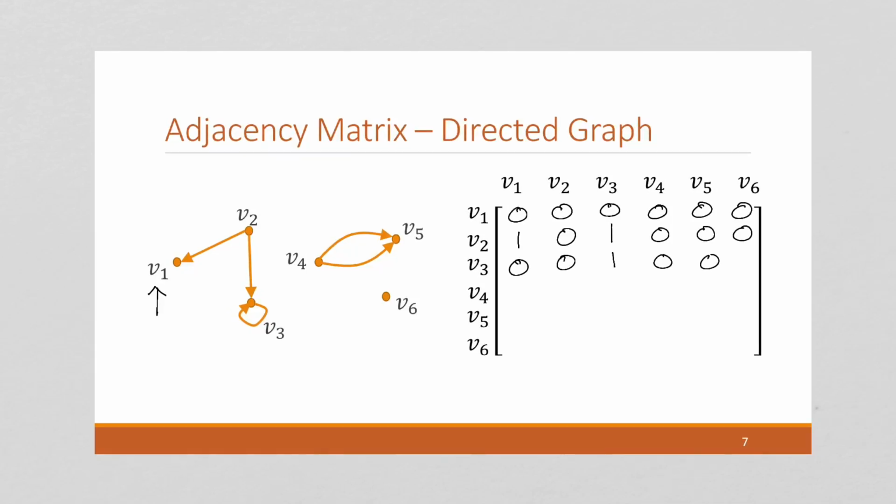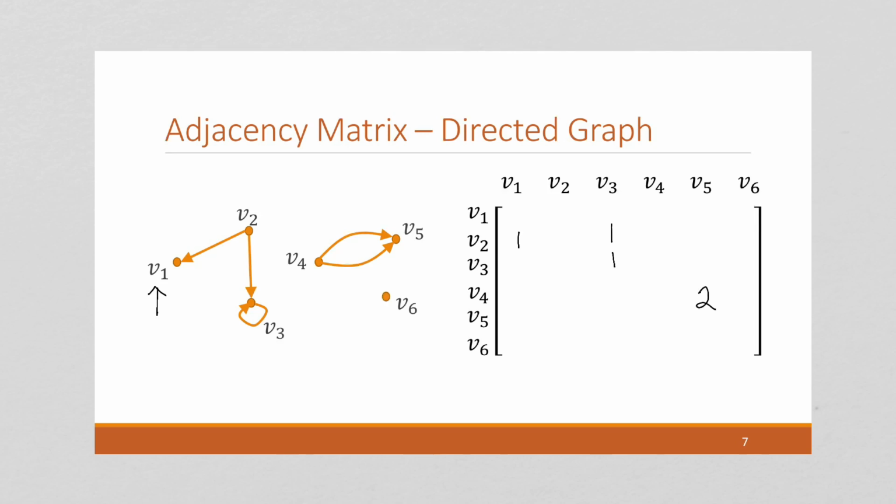Sometimes people just leave the zeros out for ease of viewing. So that would look like this. V3 is only connected to itself. V4 is connected to V5 twice. All right, so we're actually going to have a 2 here. V5 isn't connected to anything, and neither is V6.